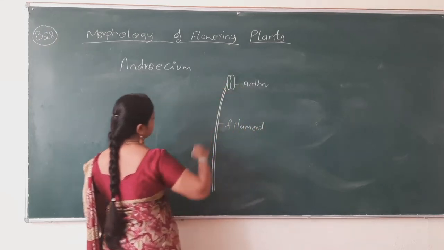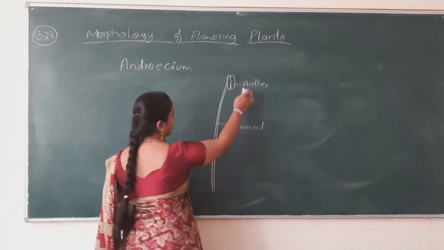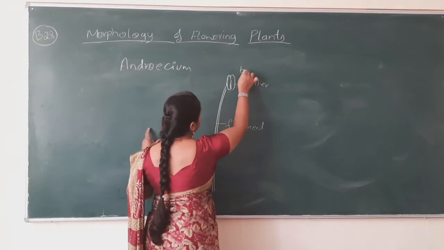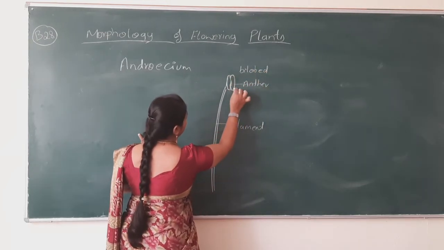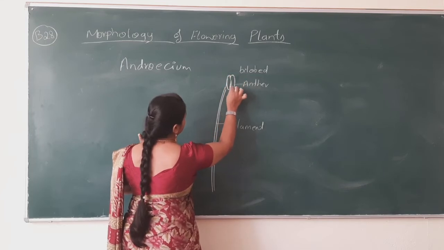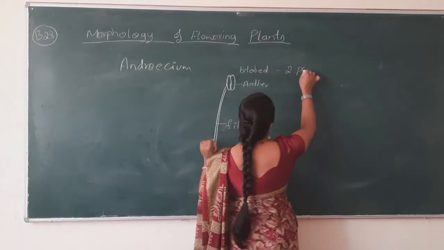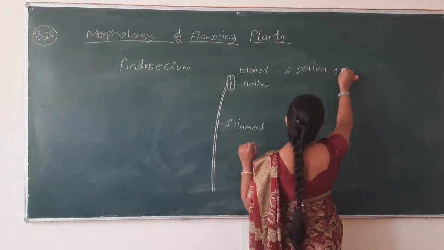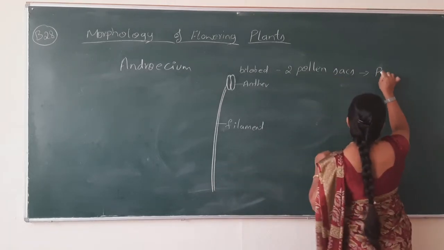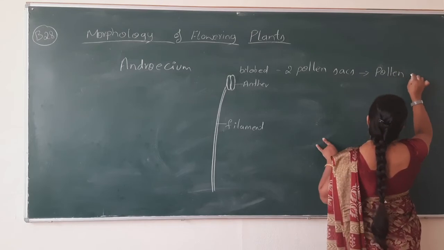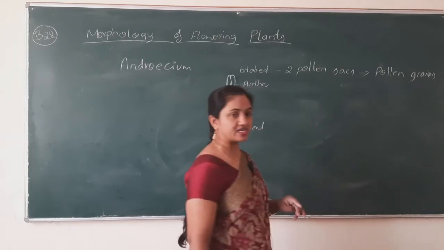So this structure is known as Androecium, where the anther is bilobed. Bilobed means this is one lobe and this is one lobe. Each lobe consists of two pollen sacs. Each sac produces a number of pollen grains. So this is how the production takes place.